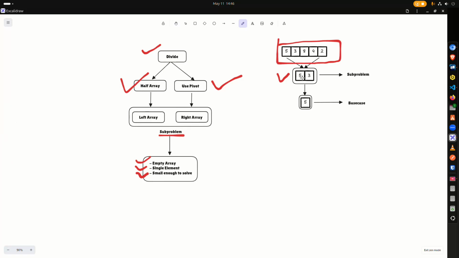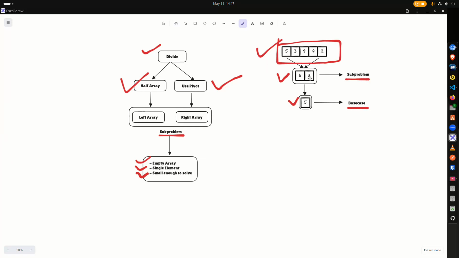What if you have an array with a single element? There's no other value to compare, so you can say that when you're given a single element, it is already sorted. That is the base case, the smallest problem that we can have. So basically we took the big problem and divided it into a sub problem, in this case two elements.